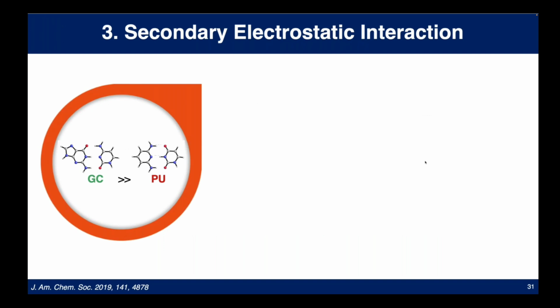Let me now go to the third one. I have shown you how donor-acceptor interactions are important for cooperativity, and that Pauli repulsion can determine differences in hydrogen bond energy. And now I will show you that our energy decomposition analysis was able to show why this secondary electrostatic interaction model works.